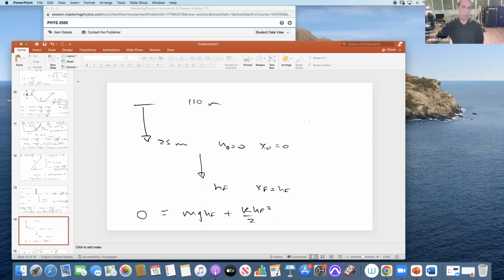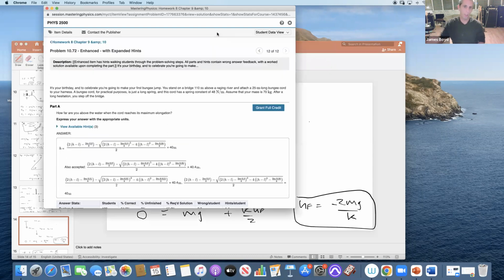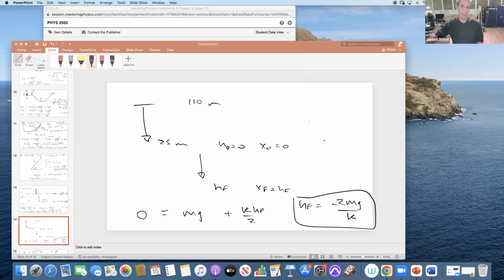Divide through by H final, and I get that H final is negative 2 mg over K. Did I do something wrong there? So that is 2 times 70 times 9.8 divided by 48. I get 28.6.